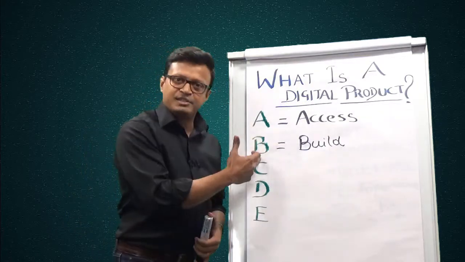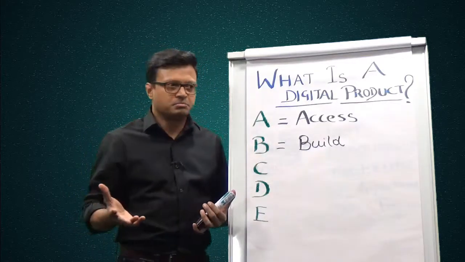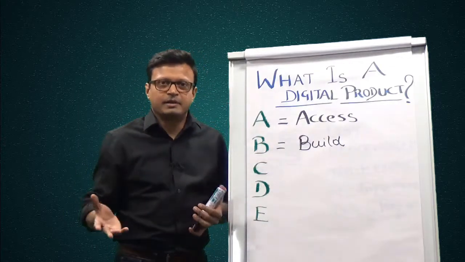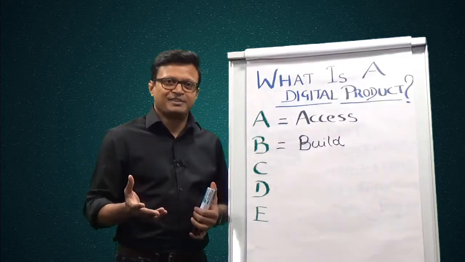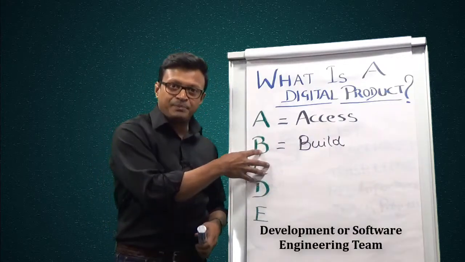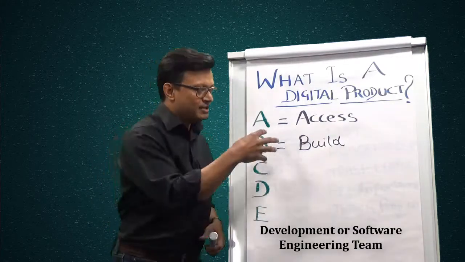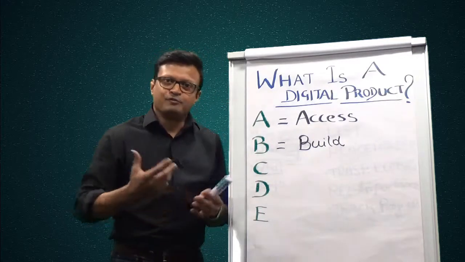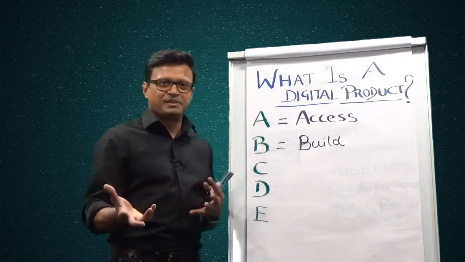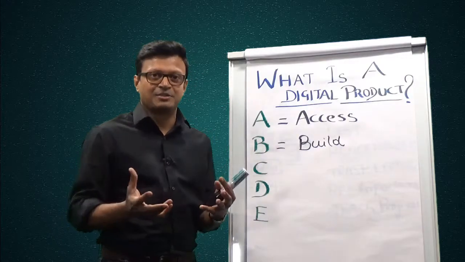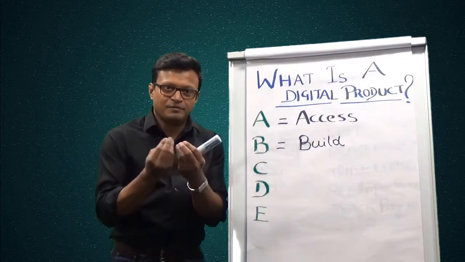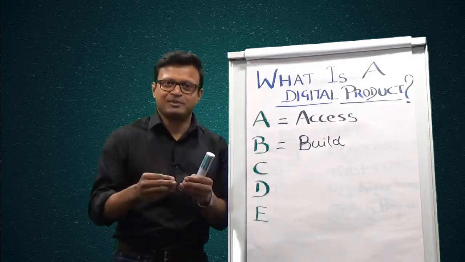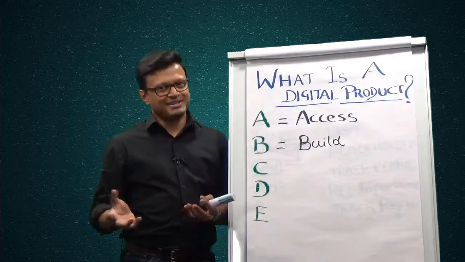In the case of a digital product, it gets built in a startup firm, a small room, a cafeteria, or in big offices and organizations where the software engineering team is building it. The raw material is all the information, the requirements, the specifications, the technical architecture, etc. And the final ingredient is the code, the piece of code that is being written, and that's how you build a digital product.